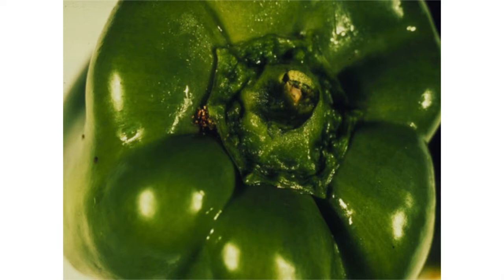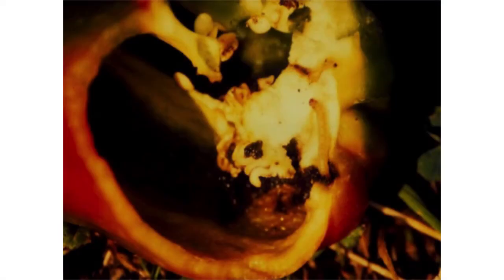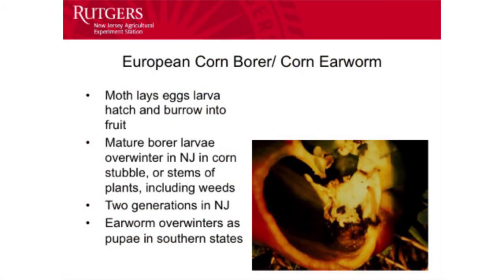Peppers, quickly go over one pest that I don't see as much in North Jersey, a little bit more in South. Sometimes you buy a pepper and you see this little dust, sawdust-like material, the frass, and you cut it open and you find you have a friend. That is the larva of either a European corn borer or corn earworm.